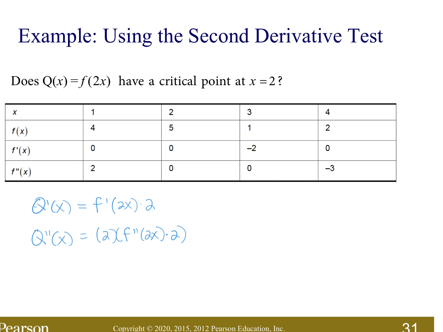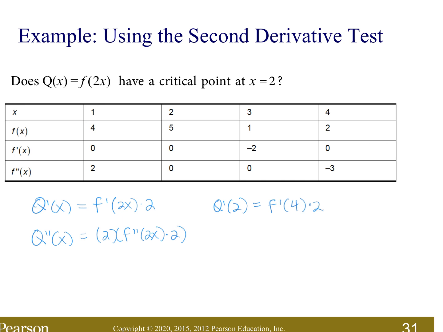All right, now I'm ready to evaluate when x is 2. So let's figure out what q prime at 2 is. So if q prime of x is f prime of 2x times 2, then q prime of 2 would be f prime of 4 times 2.